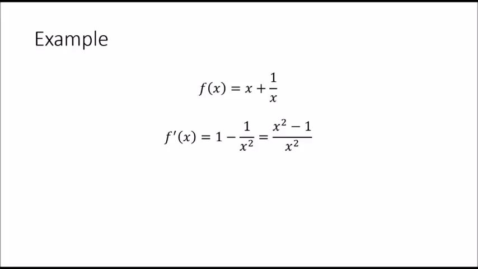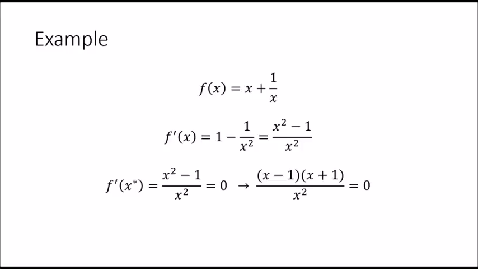For the sake of understanding a function like this, it's very important to try to get it into a fractional form where you have a common denominator. So you'll notice that I have changed the 1 into an x squared over x squared so that I could have it over a common denominator.